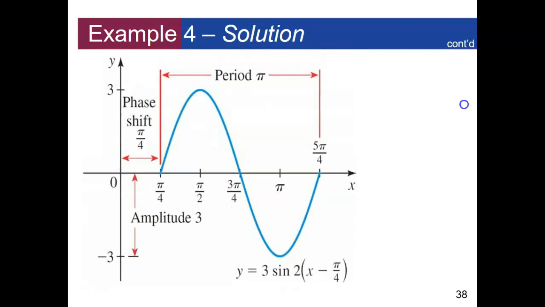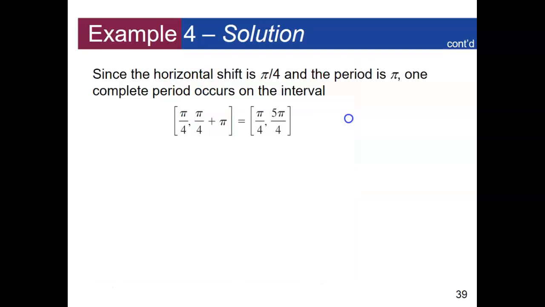Okay, so this is just a better graph. You can see that we originally had a period of 0 to pi. We shifted it to the right pi over 4, and we ended up with this graph here. So what we can do to find one complete period is actually take the interval that we started with, which was 0 to pi, and just add the phase shift to that.